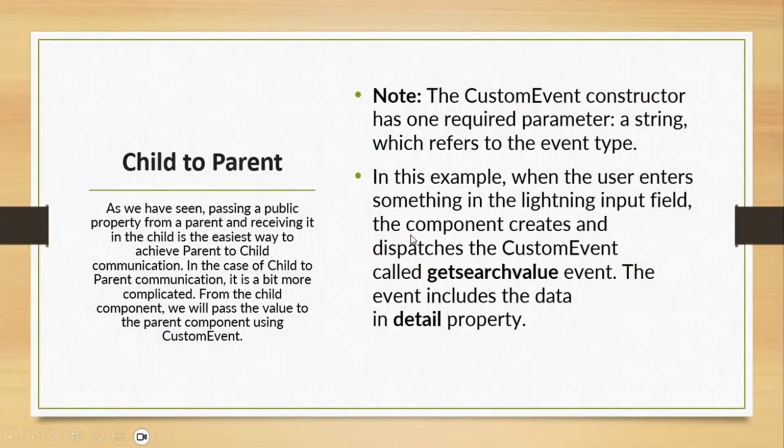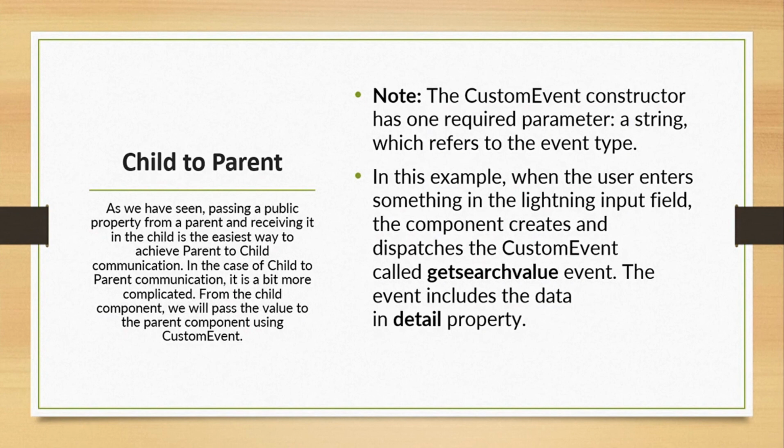Now child to parent. As we have seen, passing a public property from the parent and receiving it in the child is an easy way to achieve parent to child communication. Child to parent communication is a bit more complicated. From the child component, we pass the value to the parent component using a custom event.